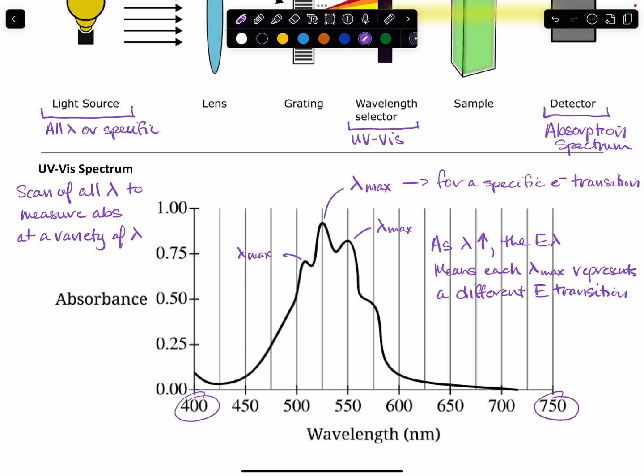All right, so because this lambda max is at a higher wavelength, it's going to have a lower energy for its transition compared to this one, which will have a lower one compared to this one. So that's just something to keep in mind, is that those lambda max values are equated to a wavelength, which in turn equates to an energy value.